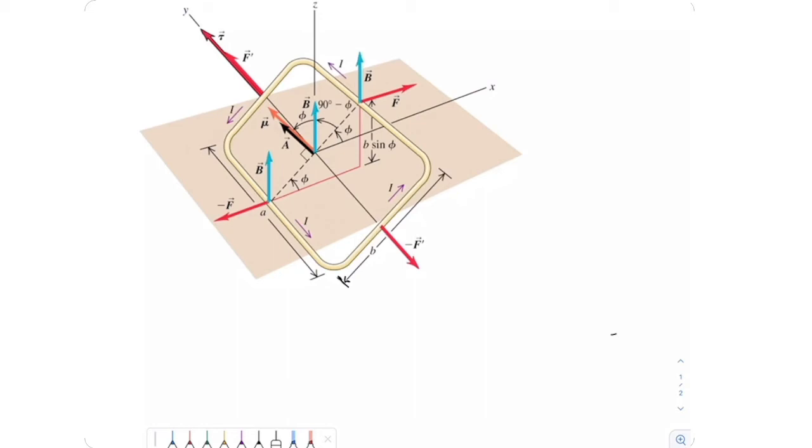And first, let's think about the direction of the forces. So in this top side here, where the current is flowing, I guess this is in the y direction. Here's our y-axis. If the current is flowing in the y direction, and the magnetic field is along z, let's use the right-hand rule to find the direction of the force that's exerted. So our equation is dF equals I dl cross B. And so we want to point our fingers in the direction of the current loop.